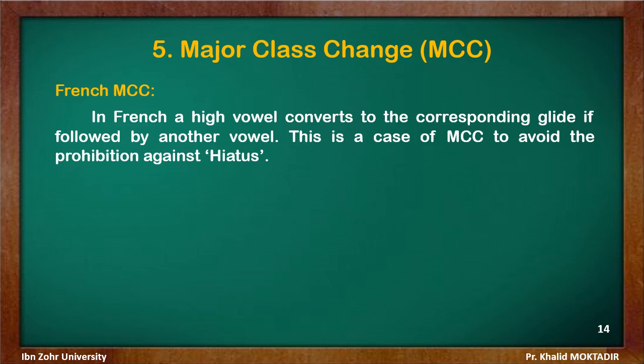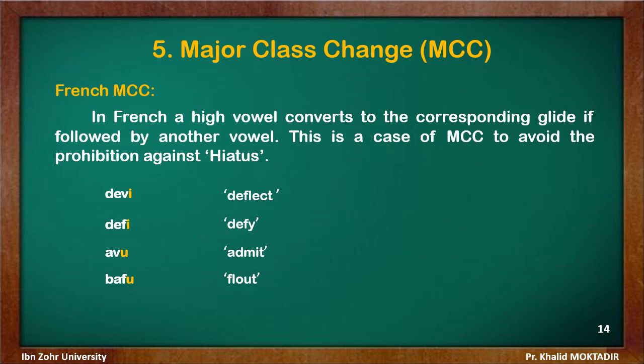If this high vowel is followed by another vowel, this is a case of major class change. It takes place to avoid the prohibition against hiatus. Look at the examples: dévi, défi, avoue, bafou.